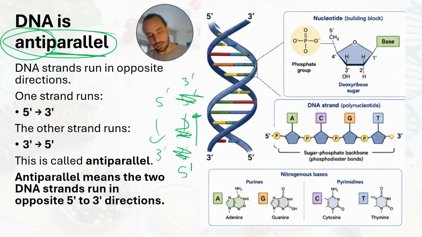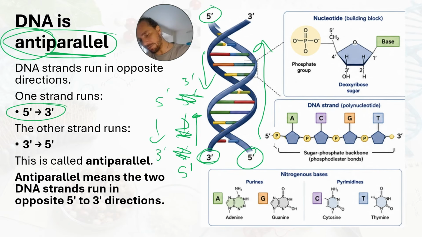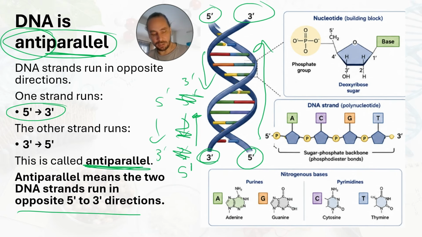One strand runs 5' to 3' in this direction, and the other strand runs in the opposite direction. It's complementary to the other strand, but it runs in a different direction. This is called antiparallel. It means that the two strands run in opposite directions from each other.